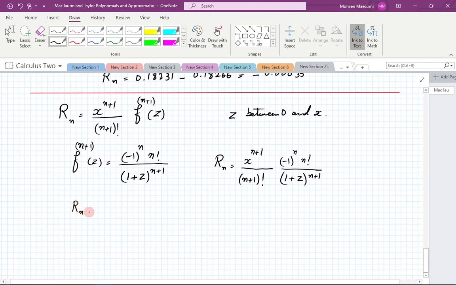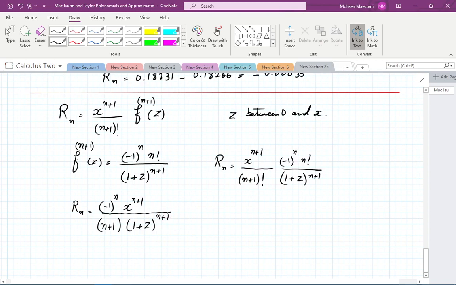So Rn, for the logarithm case, the simplification is that these two cancel each other, and I have minus 1 to the power of n, x to the power of n plus 1, and the denominator is left with n plus 1 times 1 plus z to the power of n plus 1.